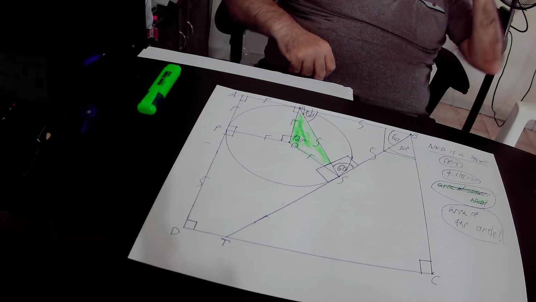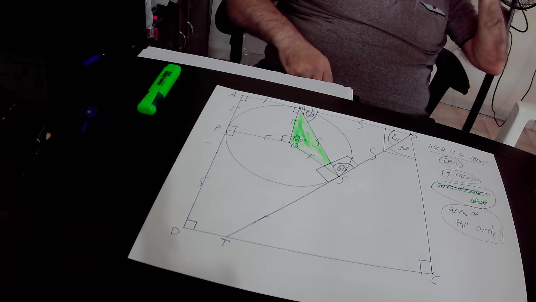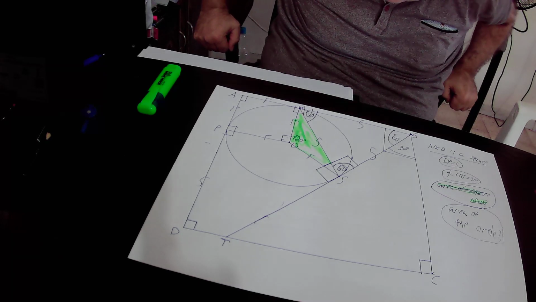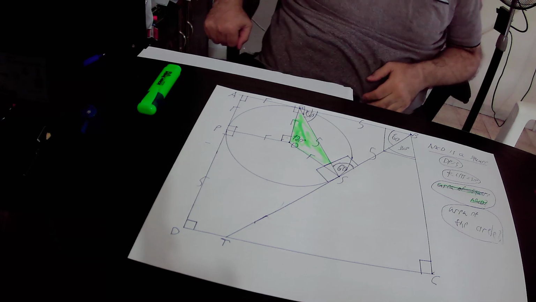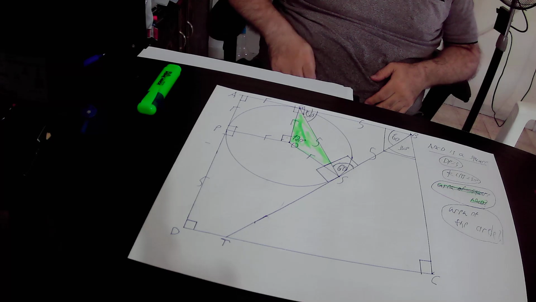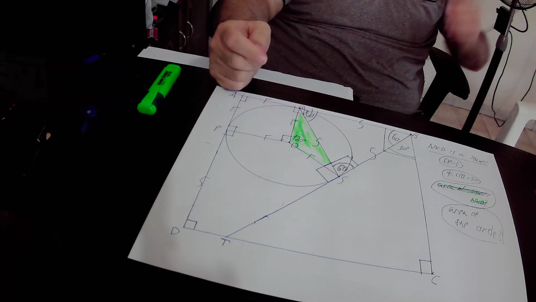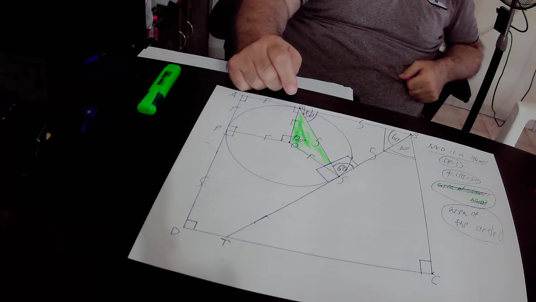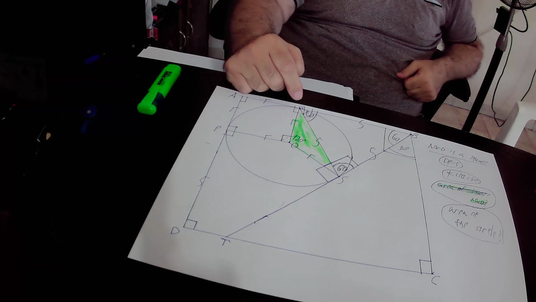Okay, so first of all we defined the center of this circle as O. We joined points O and Q together by a straight line.